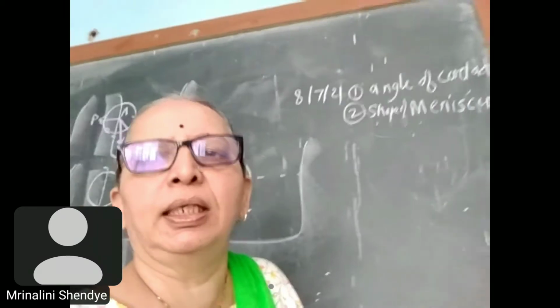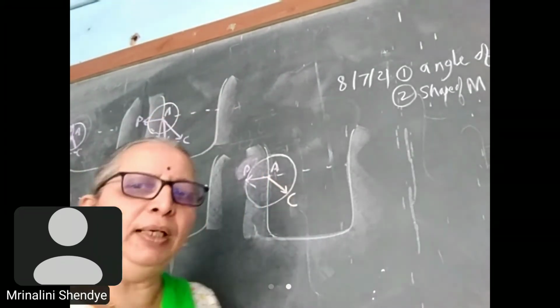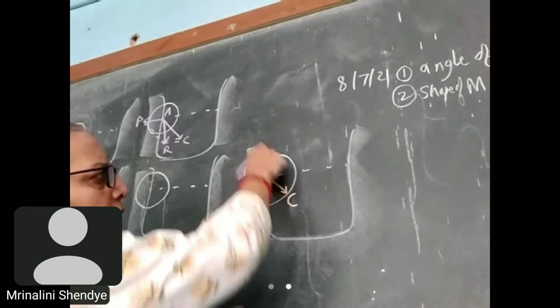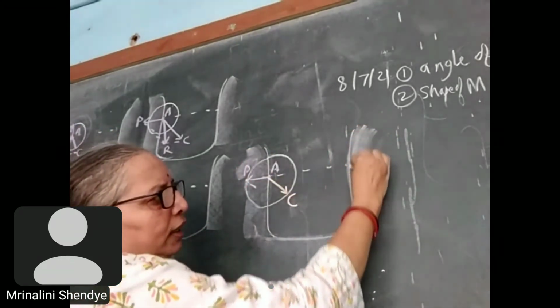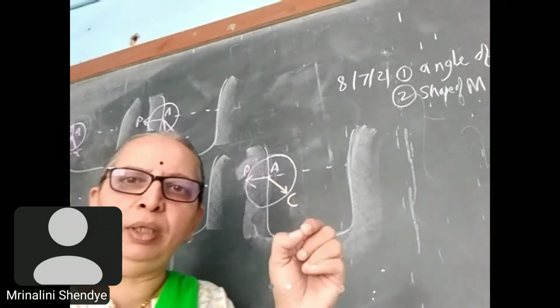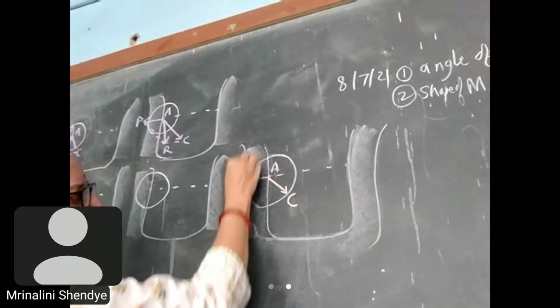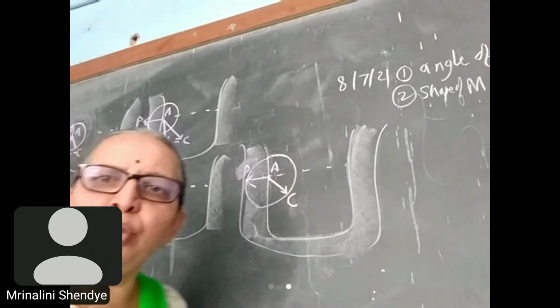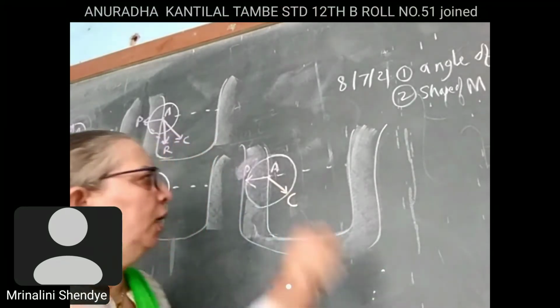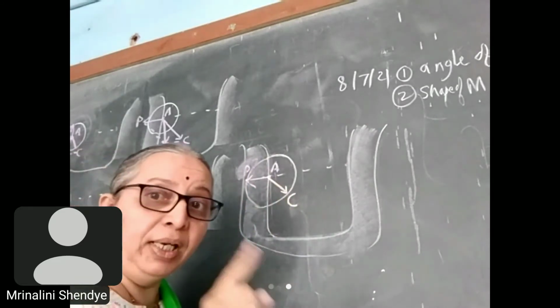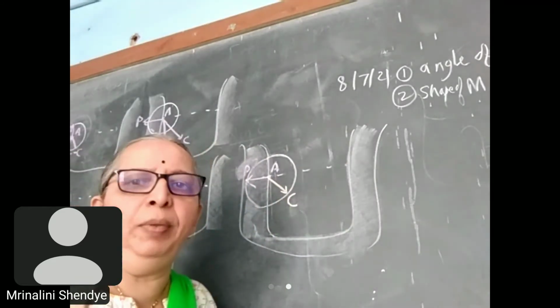of meniscus takes place. What happens when you take liquid in the container? The container is wide, thick, it is a little thick. So outside here it is a solid also. So if you consider a molecule in contact with the solid of the free surface, I am taking a molecule.